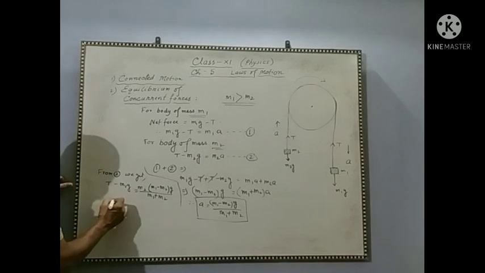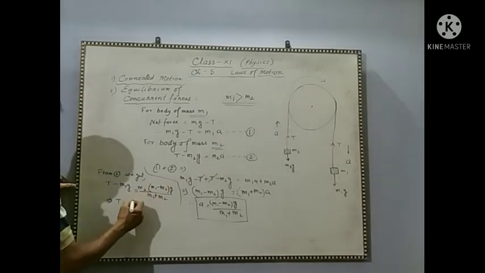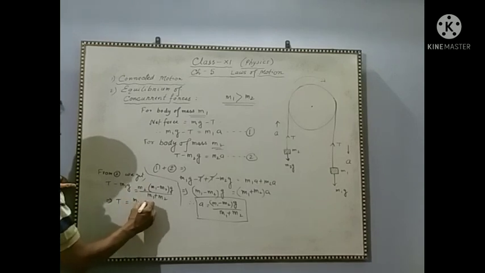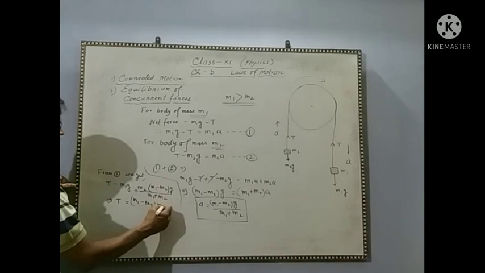So T equals, simplify this, M2G plus M2 into M1 minus M2 into G by M1 plus M2.